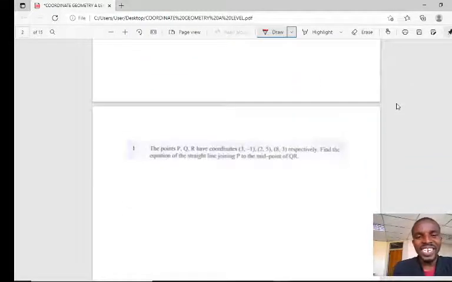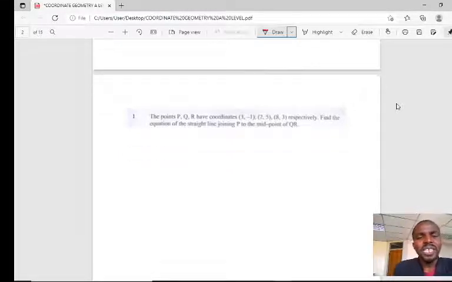Let's get started. The first question says the points P, Q, and R have coordinates (3, -1), (2, 5), (8, 3) respectively. Find the equation of the straight line joining P to the midpoint of QR.